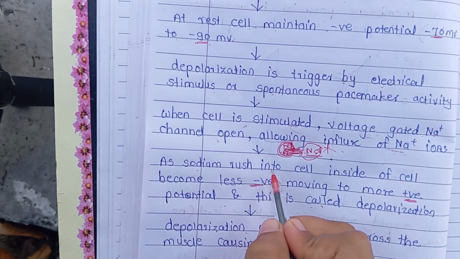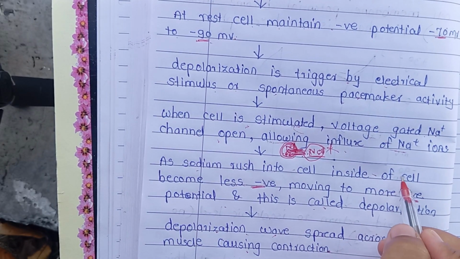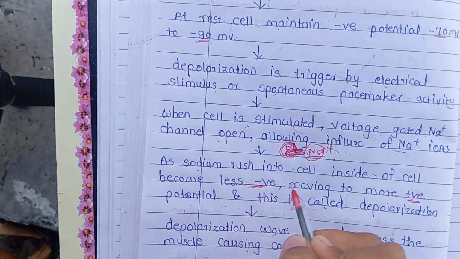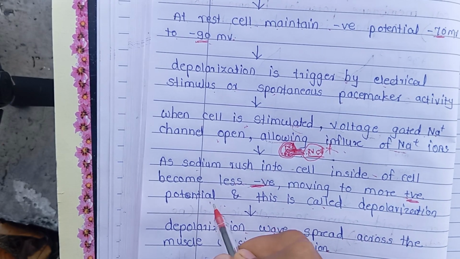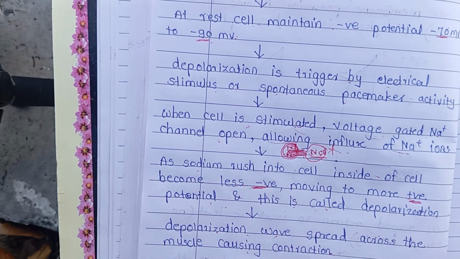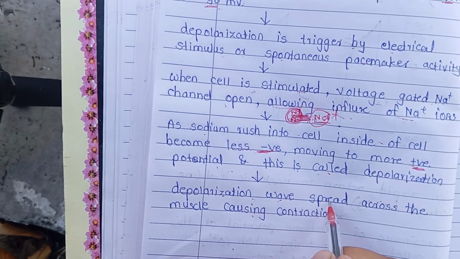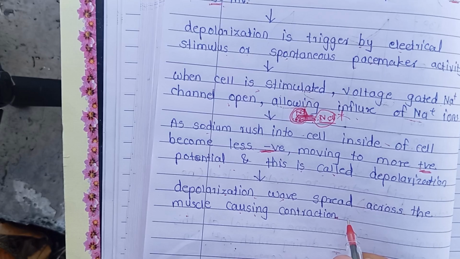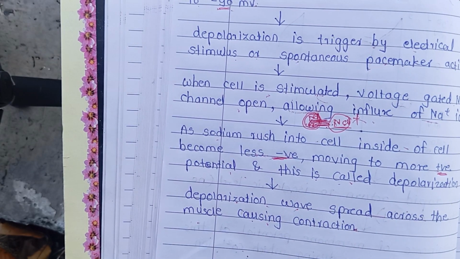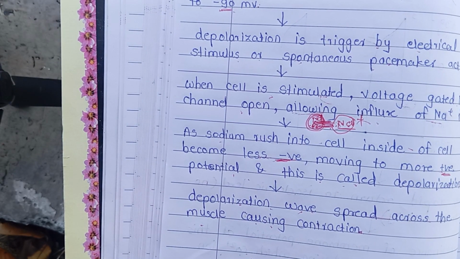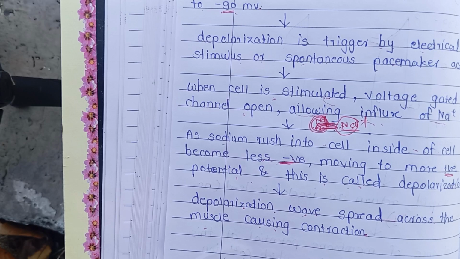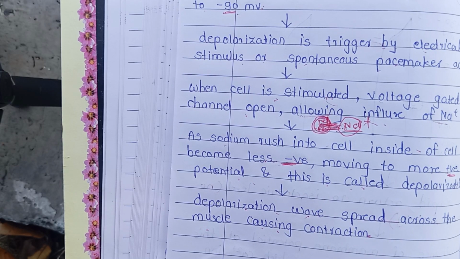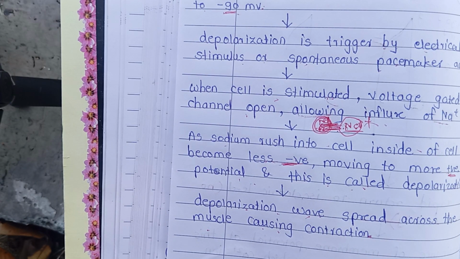As sodium rushes into the cell, the inside becomes less negative, moving to a more positive potential, and this is nothing but depolarization. Depolarization waves spread across the muscle causing contraction. This is how the contraction and relaxation of our heart happens, and through this process of contraction and relaxation, the heart pumps blood throughout the body.